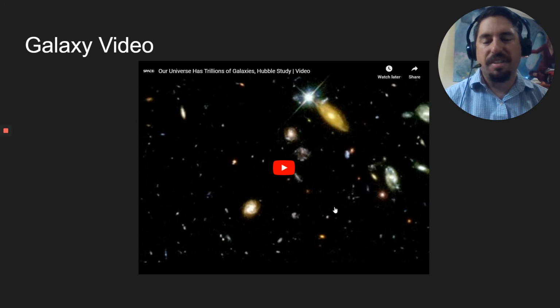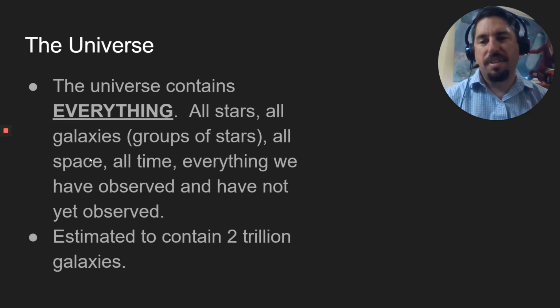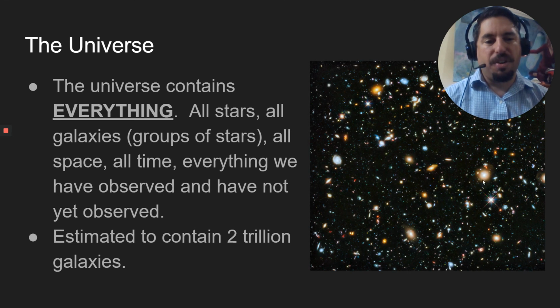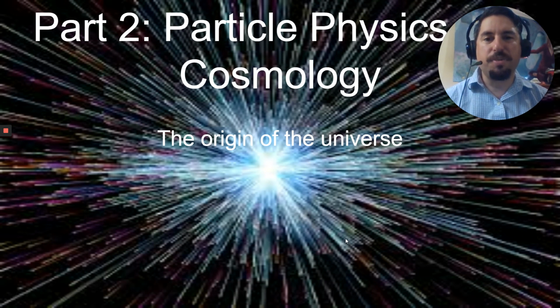So it has 2 trillion of these. That's a huge, huge number. So just this massive amount of space with 2 trillion of these, and each of these has billions of stars around it. And that's as far as we're going.